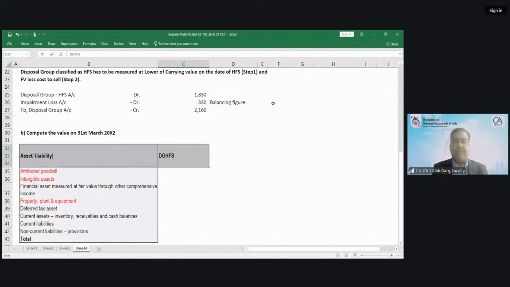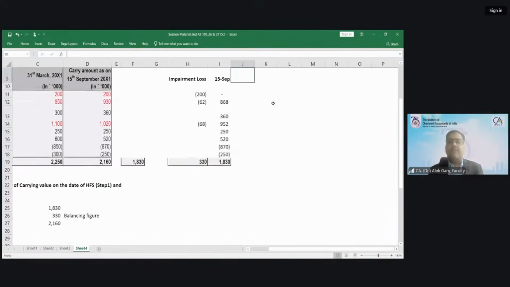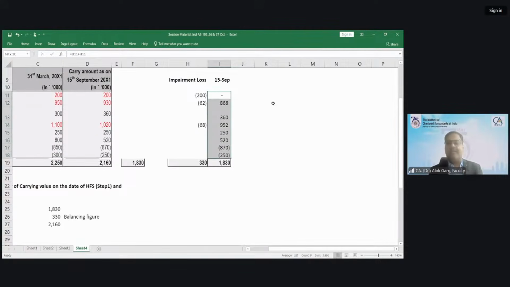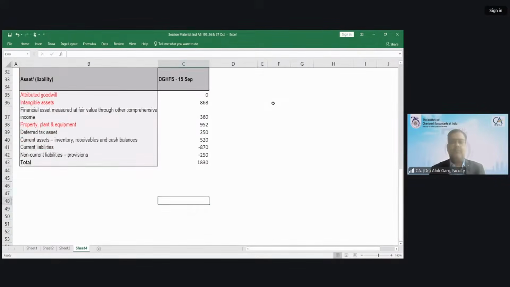Because initial recognition is closed, let me take these values from here. So what is the value of DGHFS? 1830, correct? Yes, sir. This is the value of DGHFS.